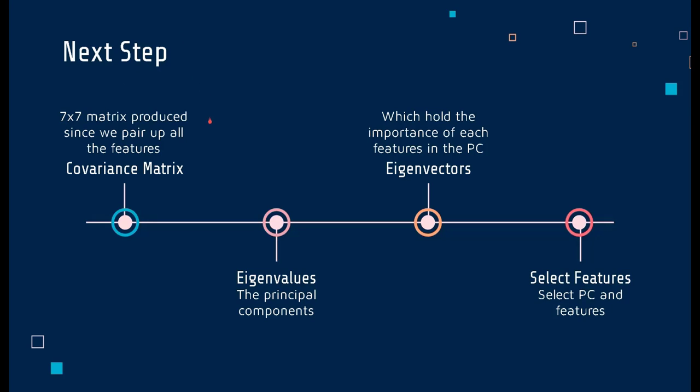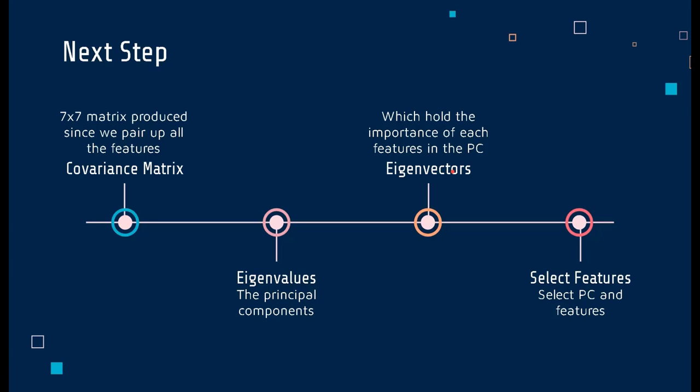The next step will be to find the eigenvalues of that particular matrix. These eigenvalues will be the principal components of this principal component analysis. And the next step is the eigenvectors. The eigenvectors for these eigenvalues will hold the importance of each feature in that particular principal component.